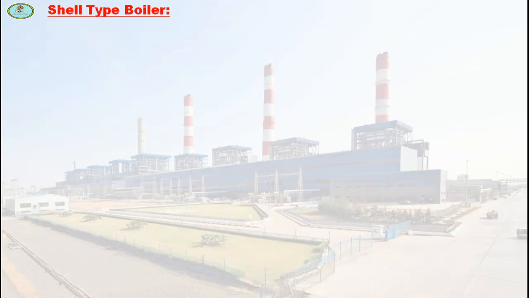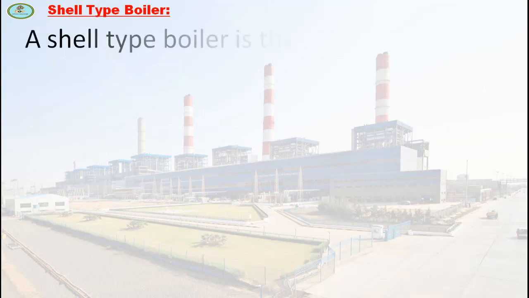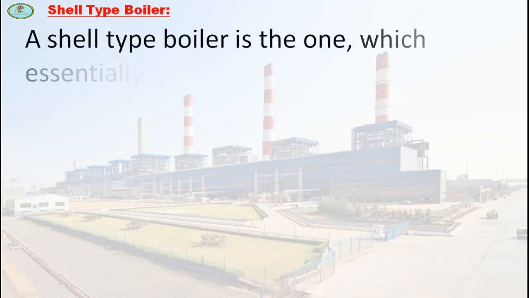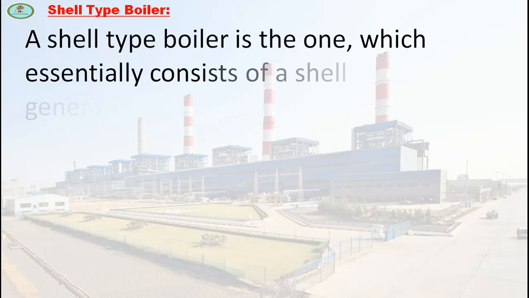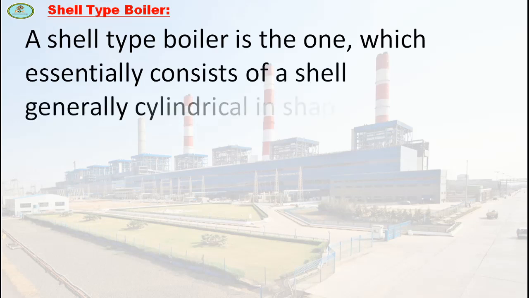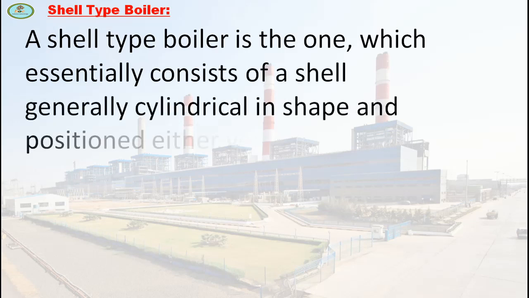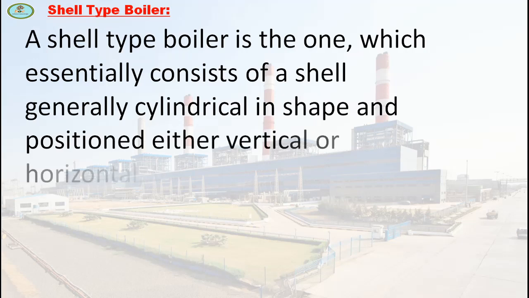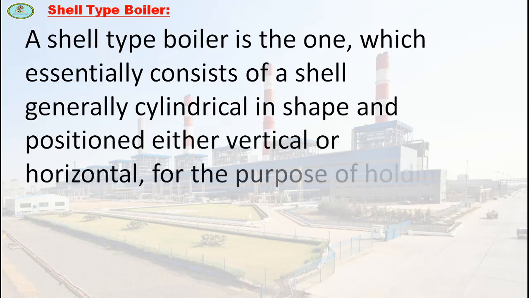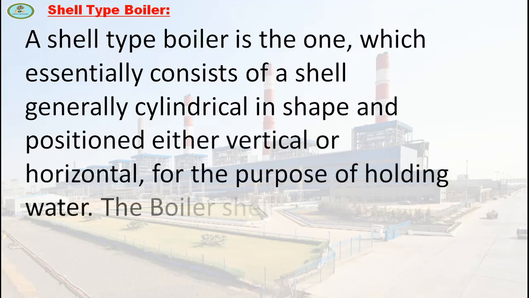Shell type boiler. A shell type boiler is one which essentially consists of a shell, generally cylindrical in shape and positioned either vertical or horizontal, for the purpose of holding water.